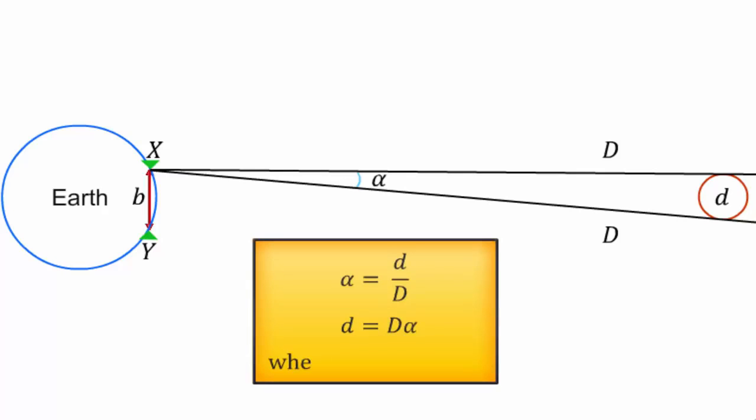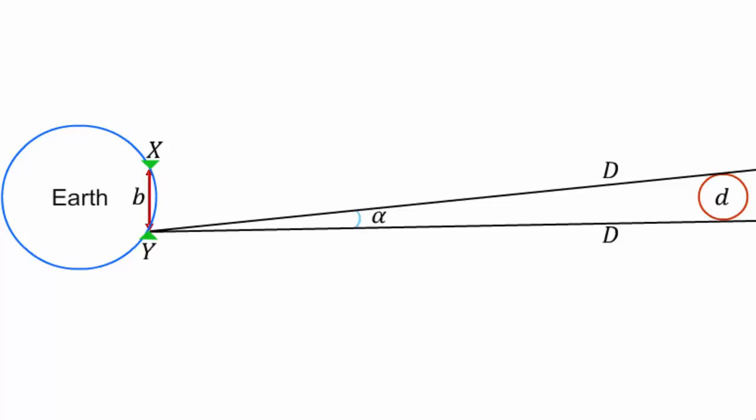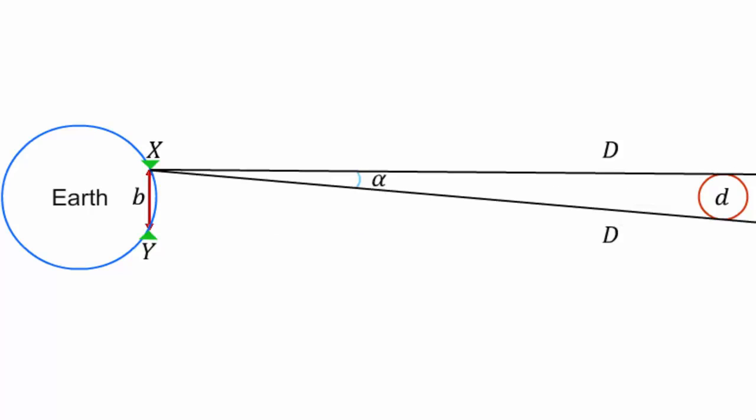The angle alpha can be measured from a single location on the Earth. It is the angle between the two directions when two diametrically opposite points of the planet are viewed through the telescope from the observation location.